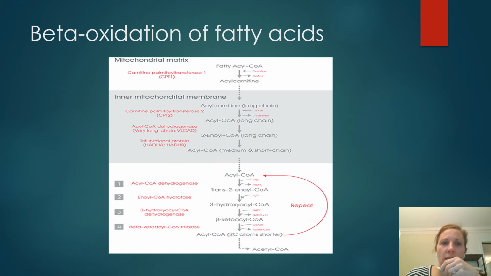And the next slide. This gives us a breakdown of the beta oxidation of fatty acids, and it starts here in the mitochondrial matrix, and you can see the CPT1 enzyme here.